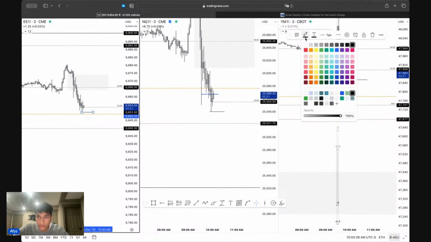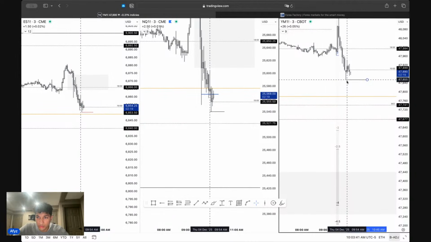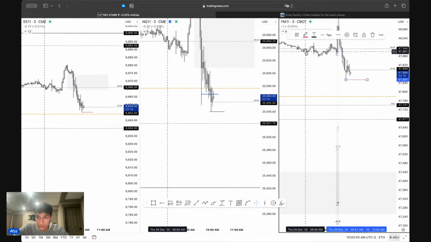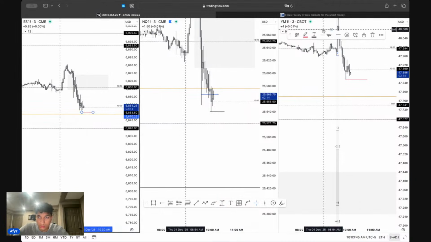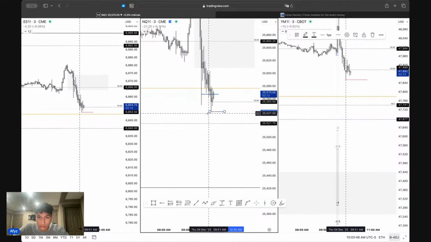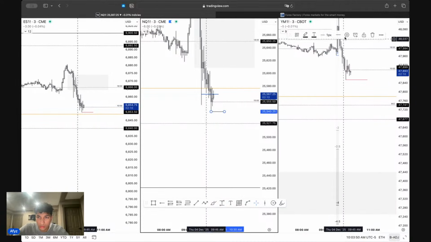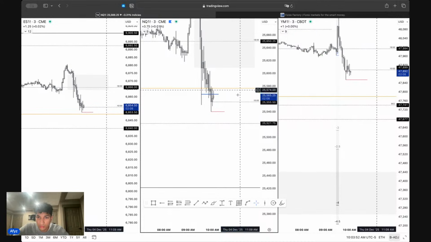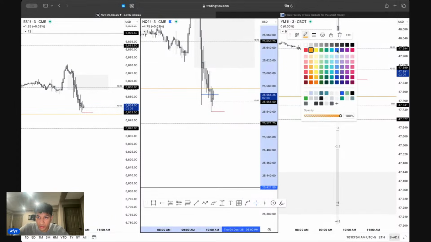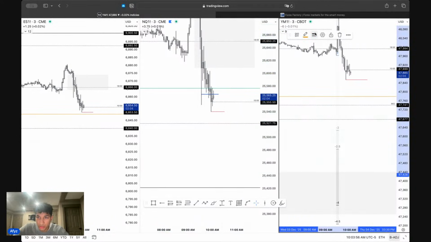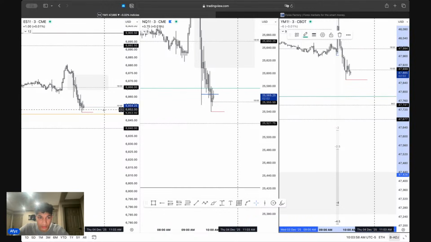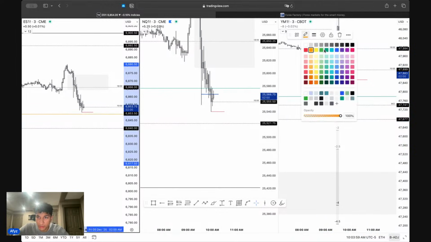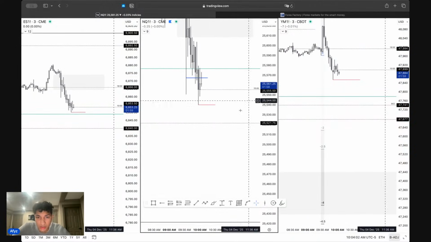I'll mark out this previous 4-hour low with the red. We'll make EQ green just so we know what we're looking at in the higher time frame. Okay, this green line is just EQ of this higher time frame range, just so no one is confused. I have lots of things on my chart, right?